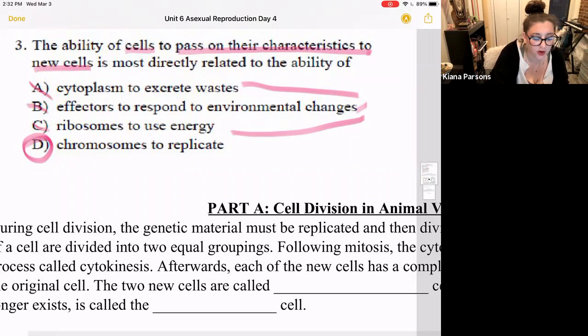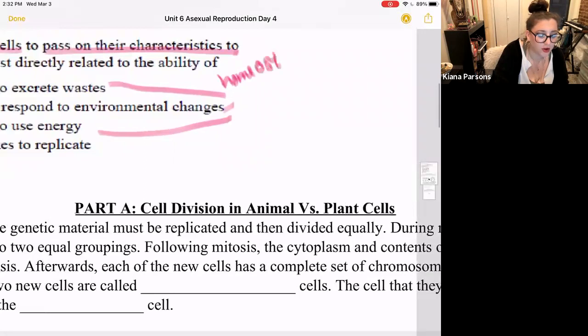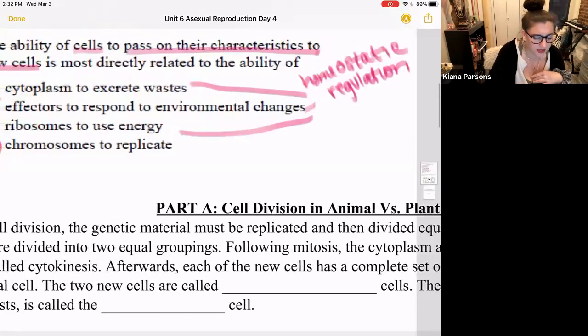So you could eliminate those all, but those are all probably like homeostatic regulation. Those would all impact homeostatic regulation. So maintaining a stable internal environment. Because anything using energy in your body is part of your metabolism, which is part of how your body maintains a stable internal environment.